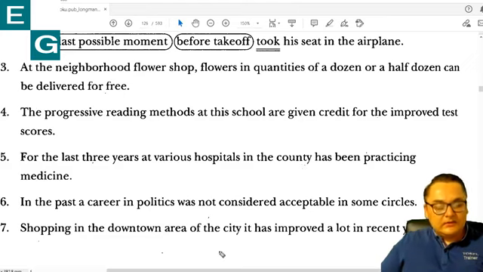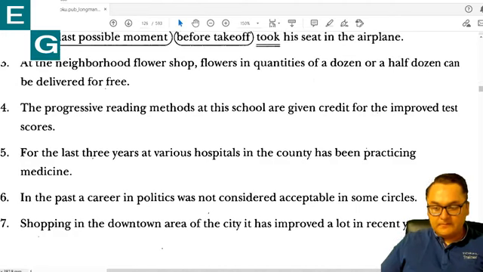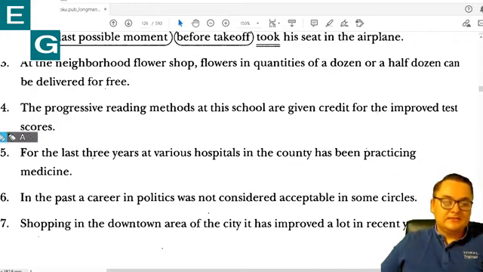Now we're going to continue here. See if you can understand this one. I guess I have to show it like that. It says, "In the past, a career in politics was not considered..." In the past is a preposition, I don't need it.